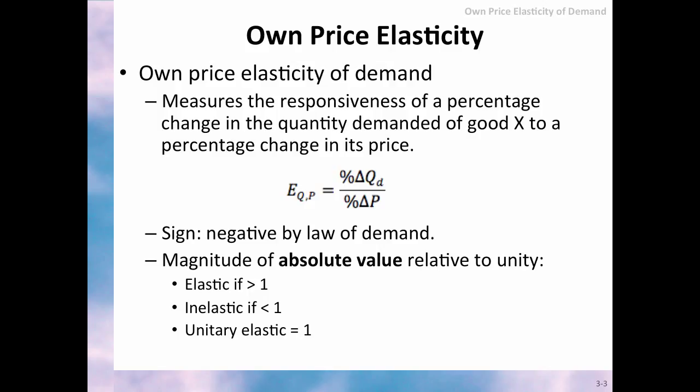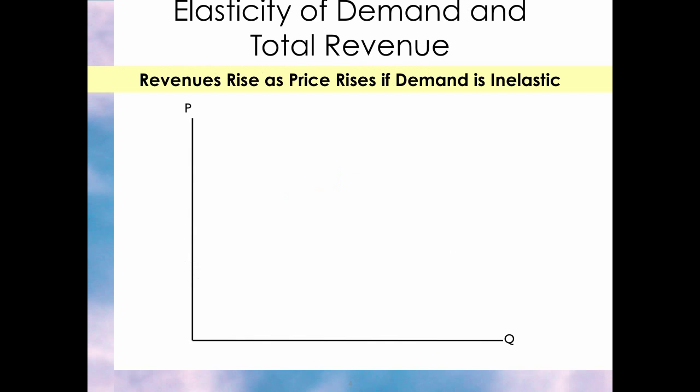So let's move on to an important application of this concept. This application is very important for managers because it relates to total revenue. That's multiplying the price you charge times the amount you sell of the good or service that you are producing. So, let's take a look.